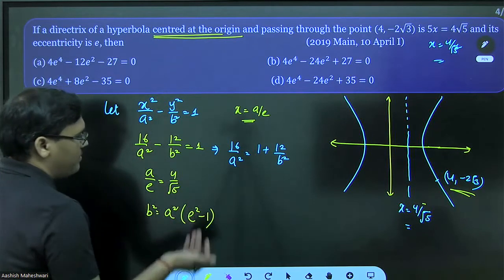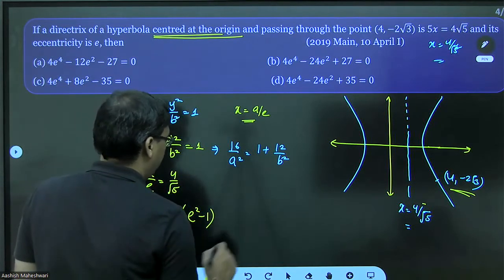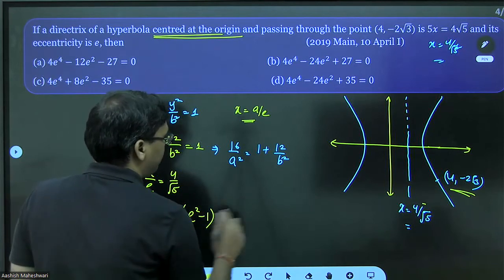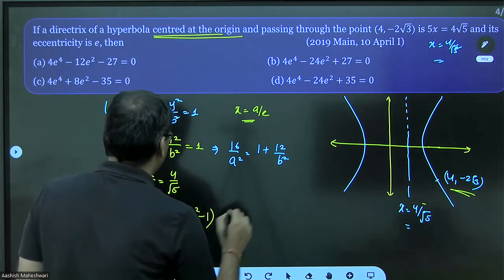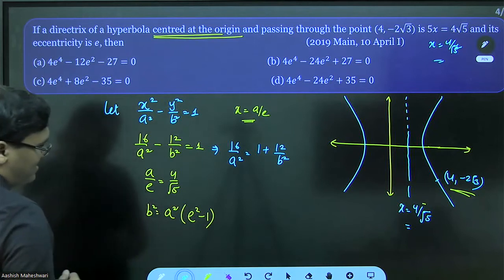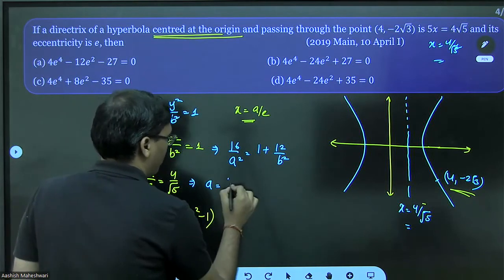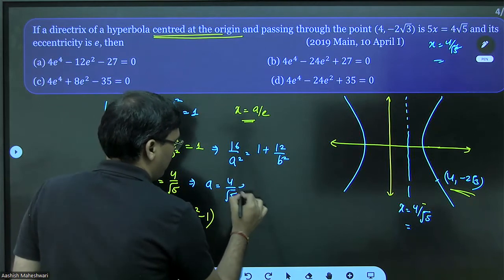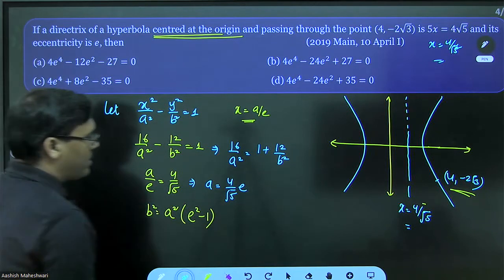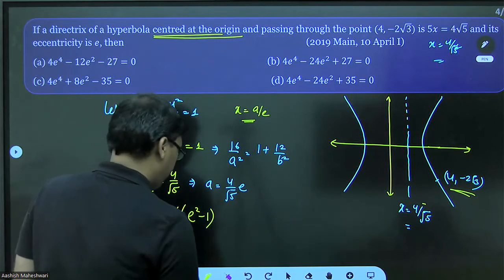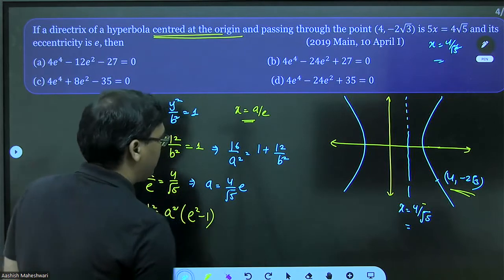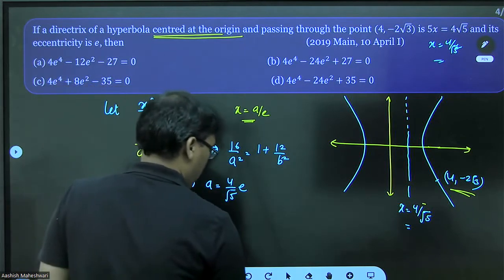There are different ways to eliminate this. Let me do the calculations. a is equal to 4 by root 5 e. Let me write it on the next page, so it will be easy to solve.